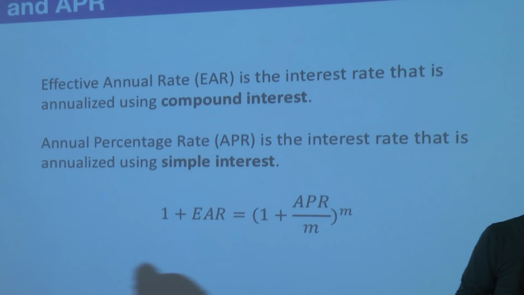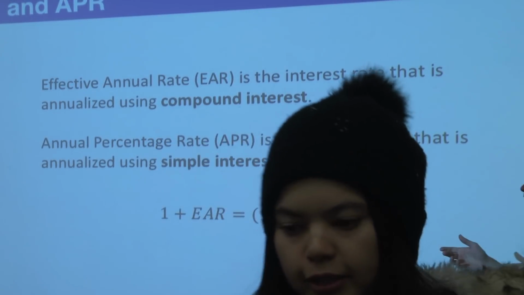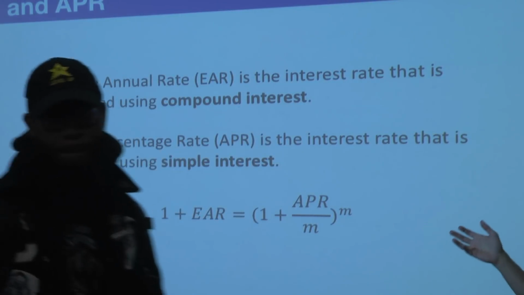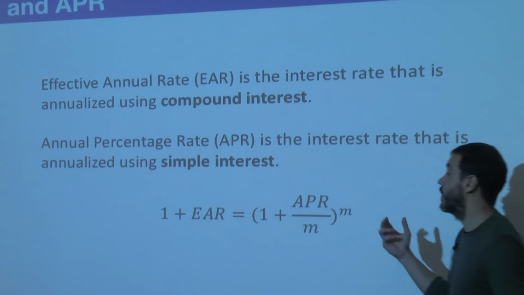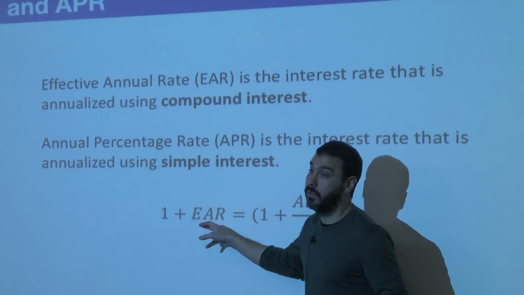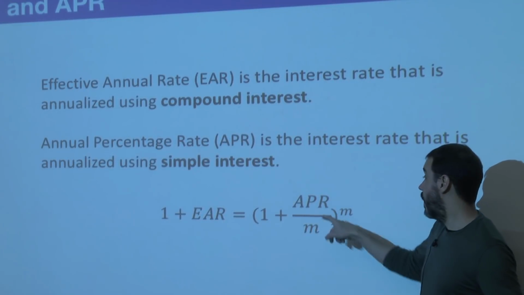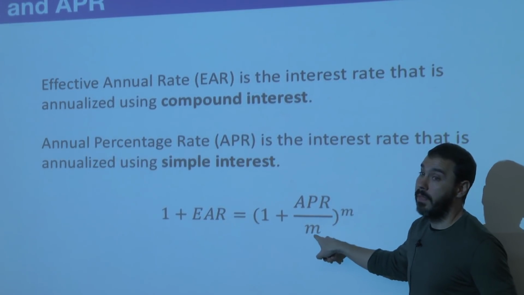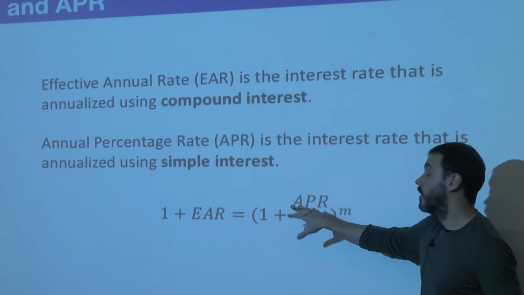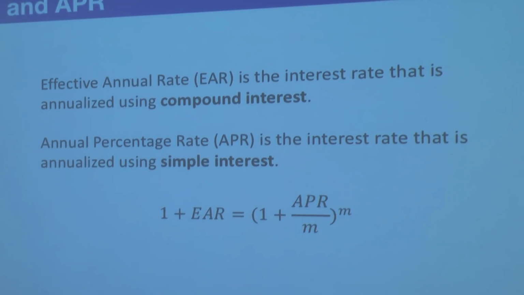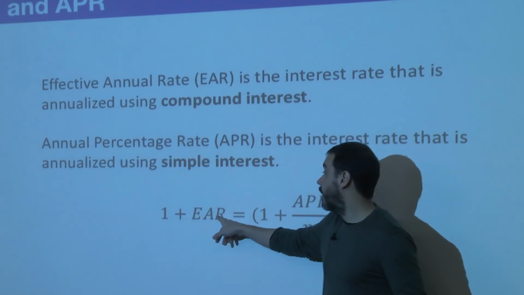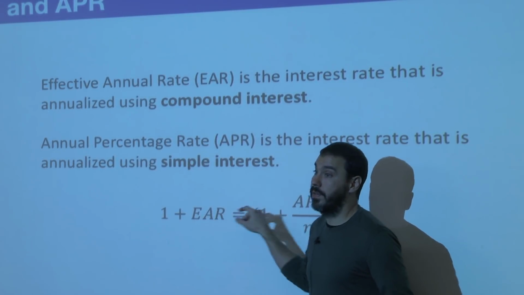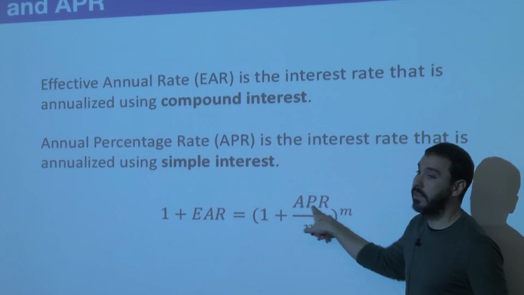APR will be the same no matter what the compounding is. I will tell you it's 10% compounded monthly, compounded quarterly, compounded daily, but it remains 10%. If you want to see what the effective rate corresponding to that is, you have to compute it. You have to consider how many times per year it compounds, apply the formula, and find it. From the formula, you should see that the higher the frequency of compounding, the higher the EAR will be for the same APR. Let's fix this at 10%.